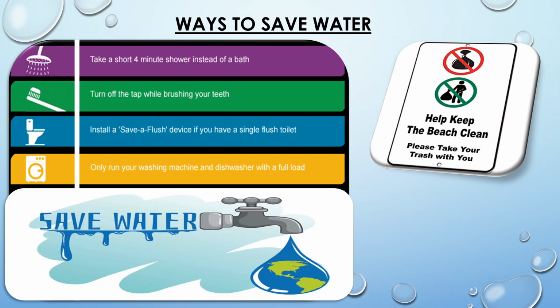That's wasting water. Also, there are some machines that can save water when you flush the toilet. And of course, when you wash clothes, you can save water if you fill the machine completely. The same with the dishwasher. Also, a very important thing is to keep clean the beaches or the rivers or the lakes because trash is pollution, not only for you, but also for animals and plants.